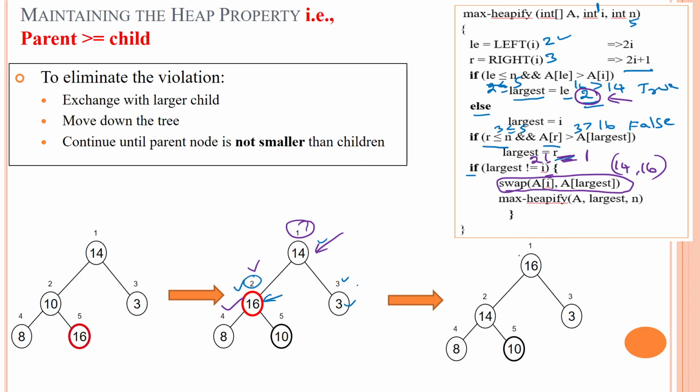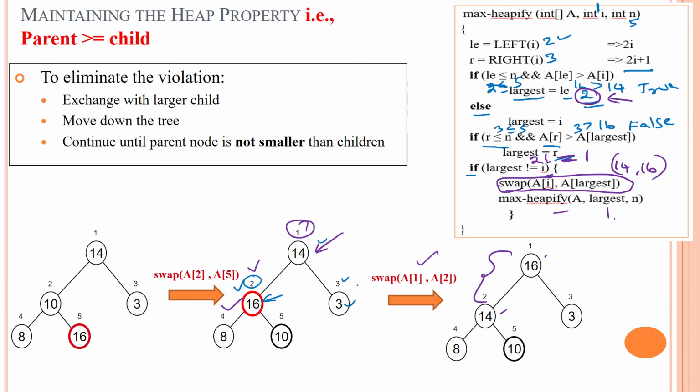Here we are swapping the 14 comma 16, we are getting 16 as the parent and 14 as the child. Now it is satisfying the heap property. Again we will call this one, a comma largest. So here the largest index value is 1.